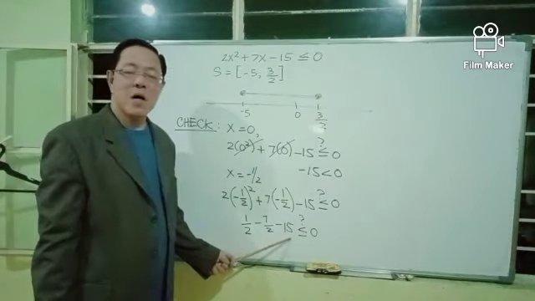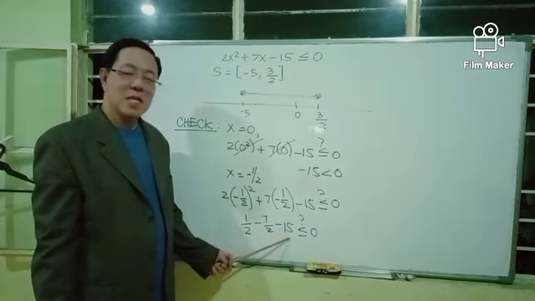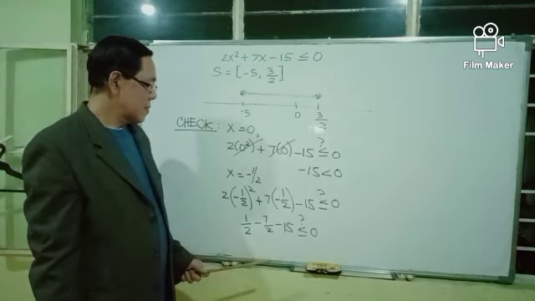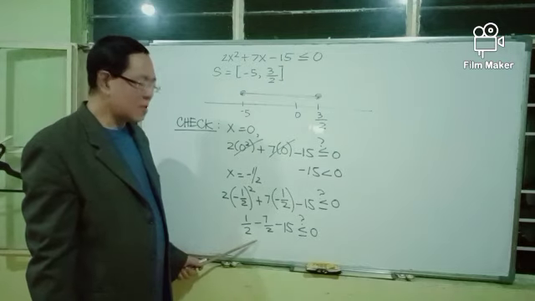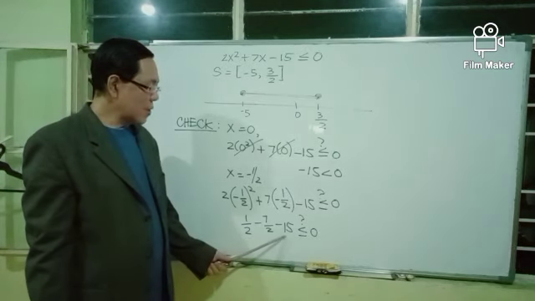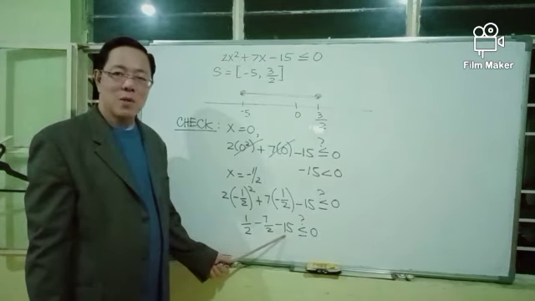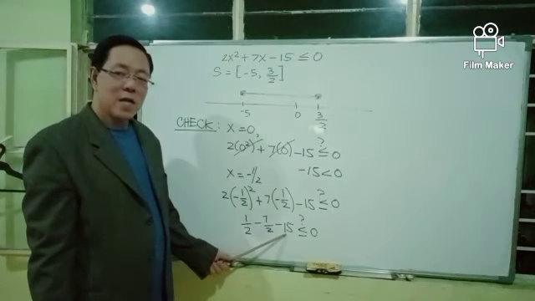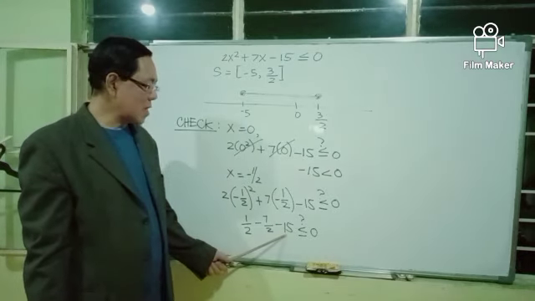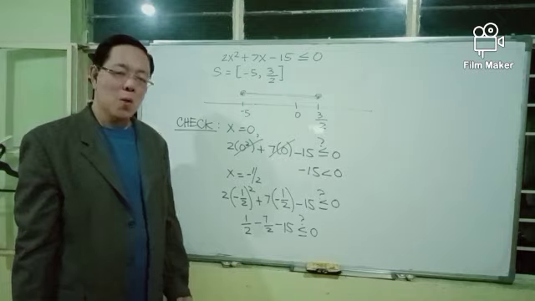The denominator of 15 is 1. So the LCD is 2. For you to have a denominator for negative 15, you multiply negative 15 by 2/2.